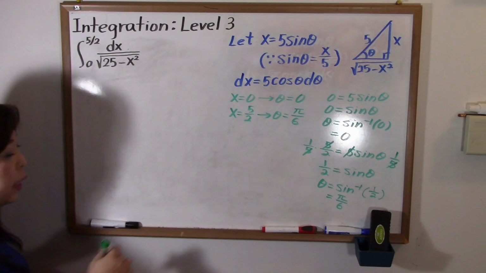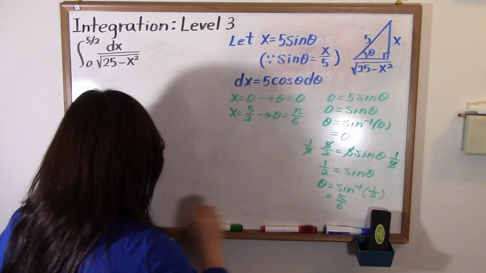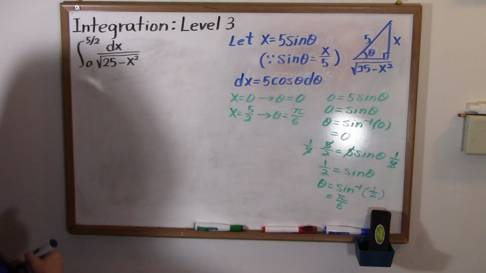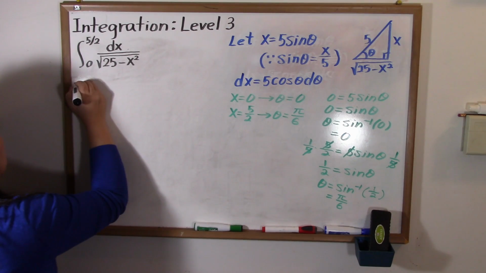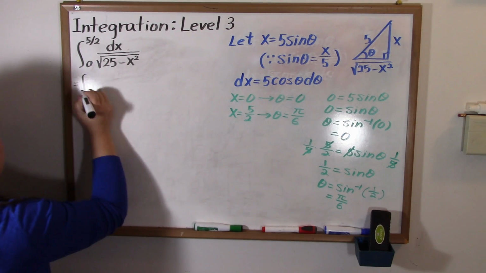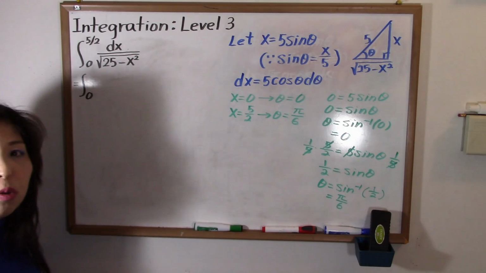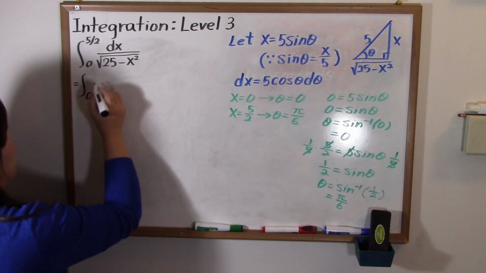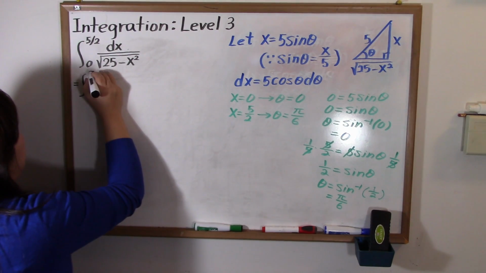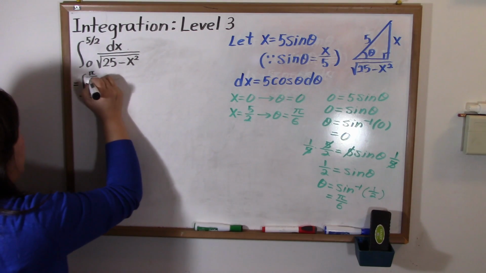So now we're going to replace everything. The integral from 0 to pi over 6, with respect to theta.